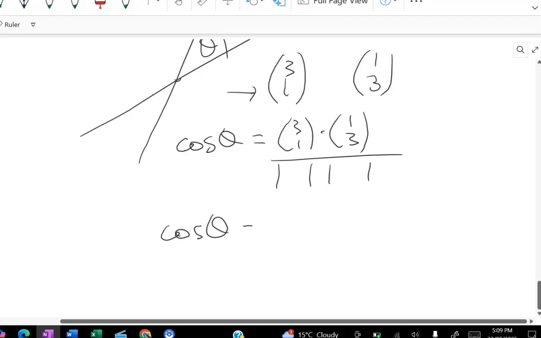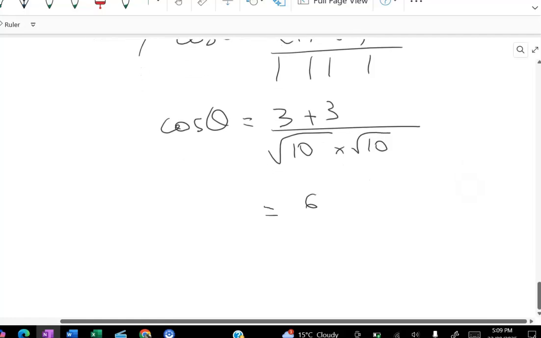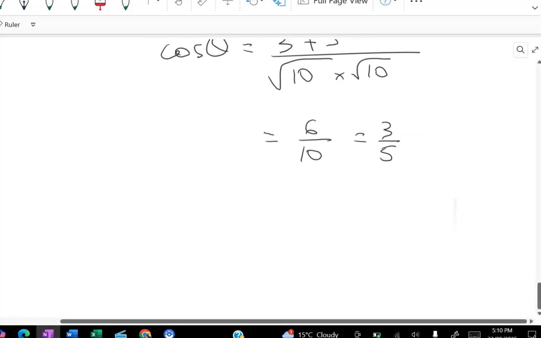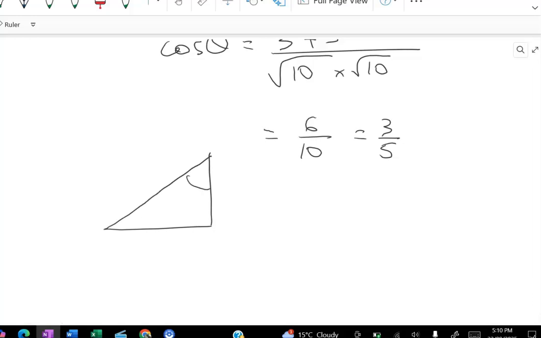So cos of theta is going to be equal to 3 plus 3, which is 6, divided by the square root of 10 times the square root of 10. That gives me 6 over 10, which is 3/5. So you can spot that we've got a 3, 4, 5 triangle happening. Here's theta, we've got 3 here, we've got 5 here, and we've got 4 here. And that means that tan of theta is equal to the opposite over the adjacent, which gives me 4/3.